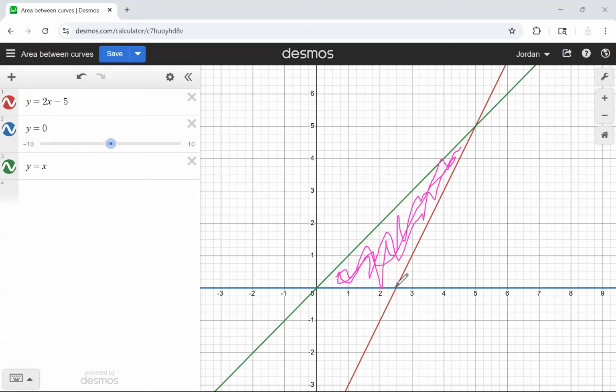Okay. Now, here's the weird thing about this region. When you go from x equals 0 to x equals 2.5, in this first piece, the top curve is y equals x, and the bottom curve is y equals 0.